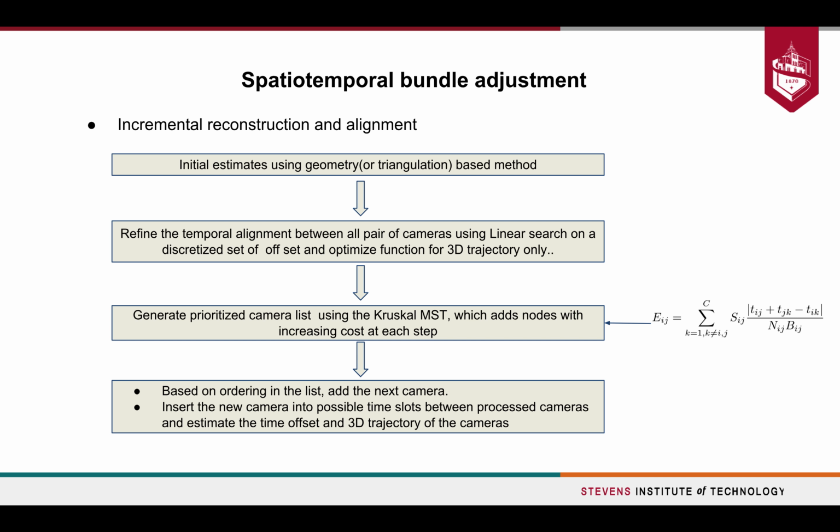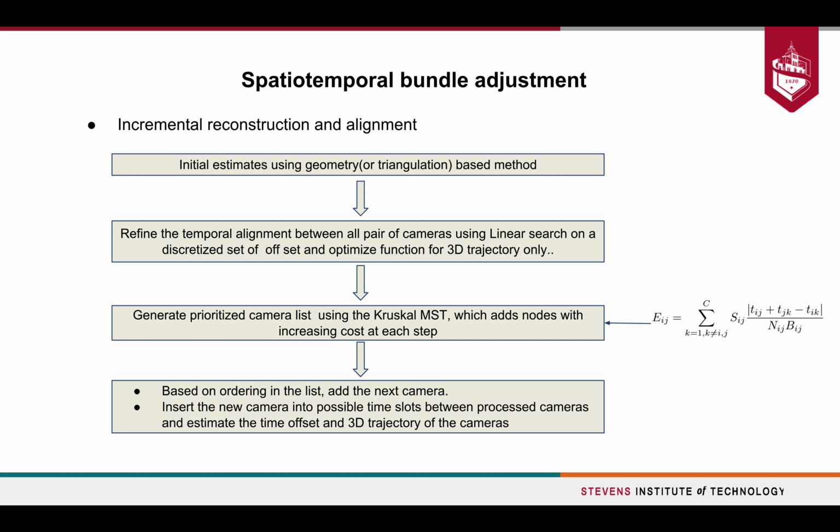Here is their incremental optimization strategy for their spatio-temporal bundle adjustment. First, they initialize all those values using a geometric triangulation-based method. Second step, they refine the temporal alignment between all pairs of cameras.